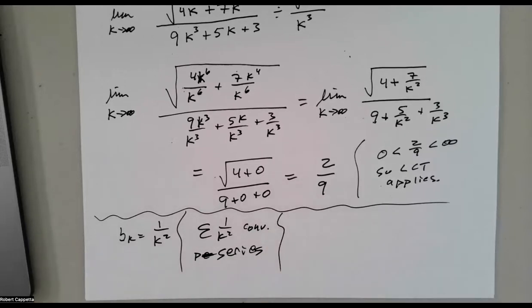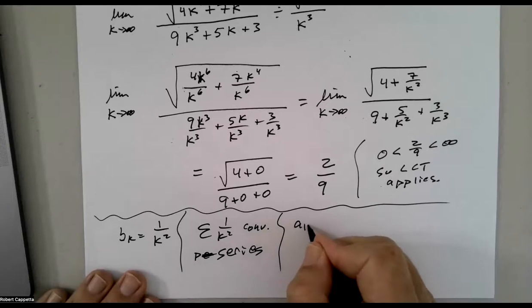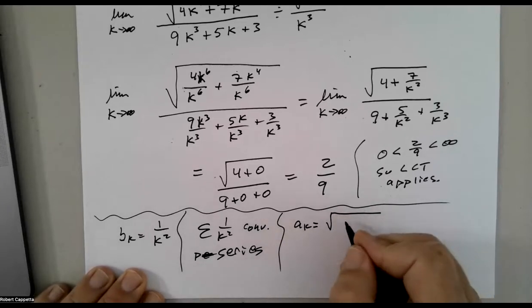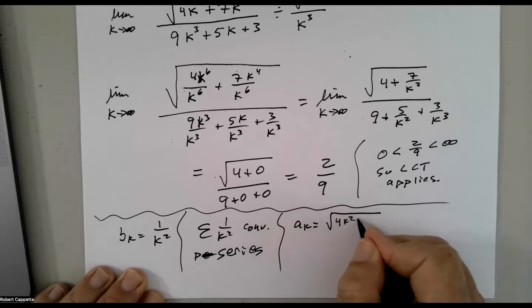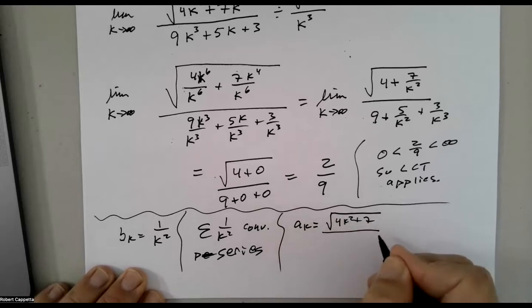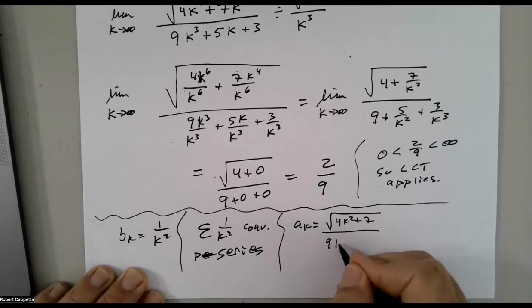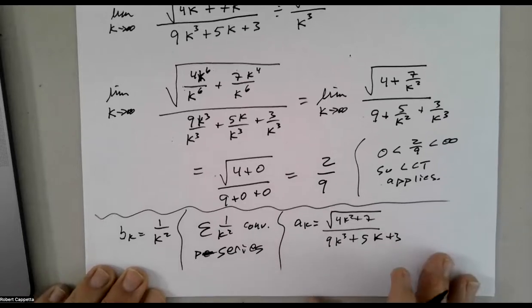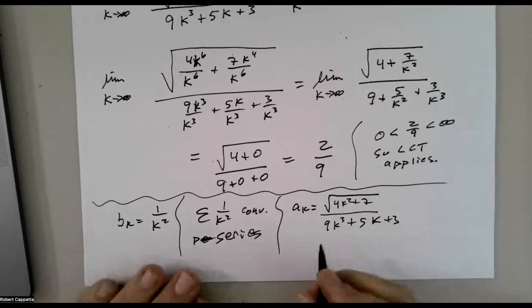All right, what was my a sub k? My a sub k was the square root of 4k squared plus 7 over 9k cubed plus 5k plus 3. So our conclusion then would be this also converges by the limit comparison test.